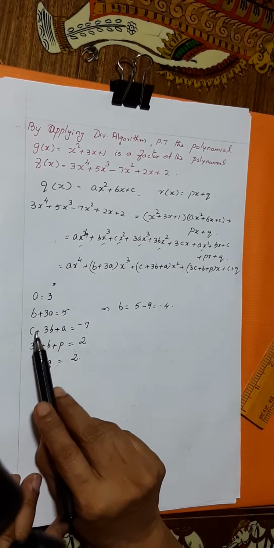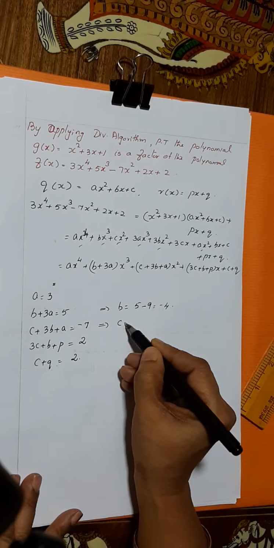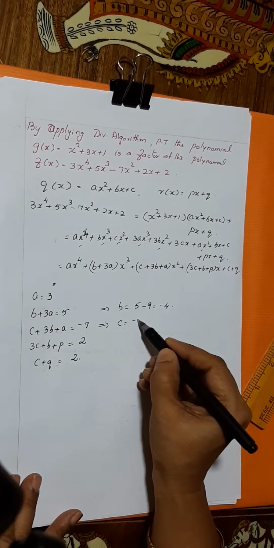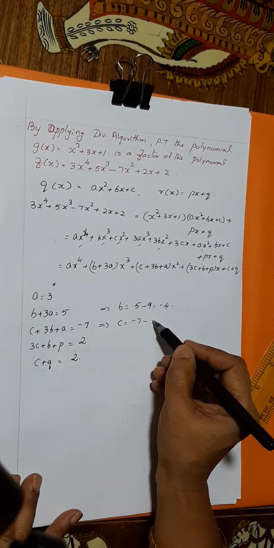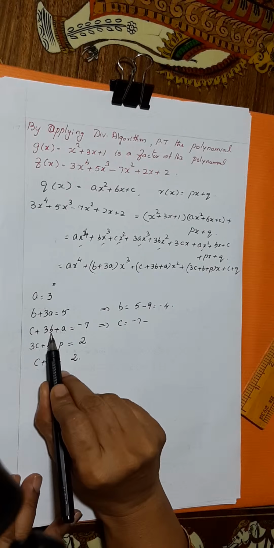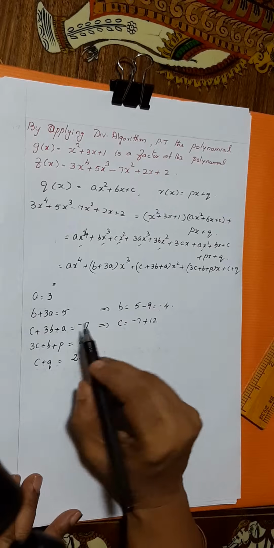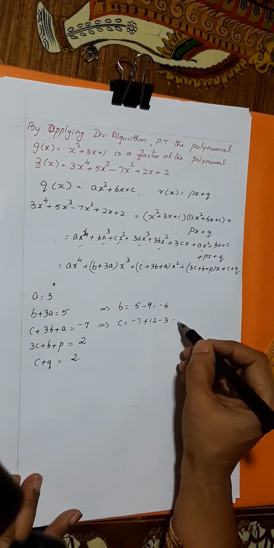So now we will substitute a and b here. So c is equal to -7 minus 3b. So 3 into -4 is -12, so that will become +12, and a is 3, that is -3, so that will become 2.